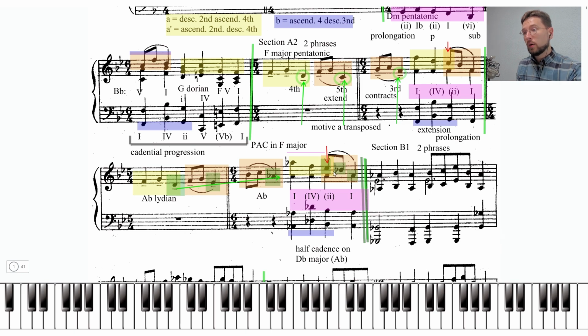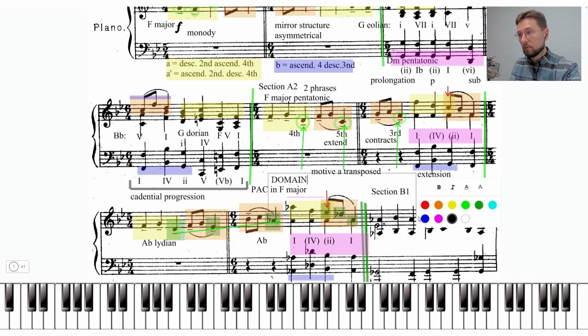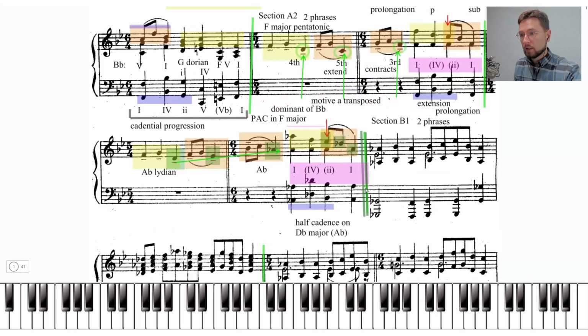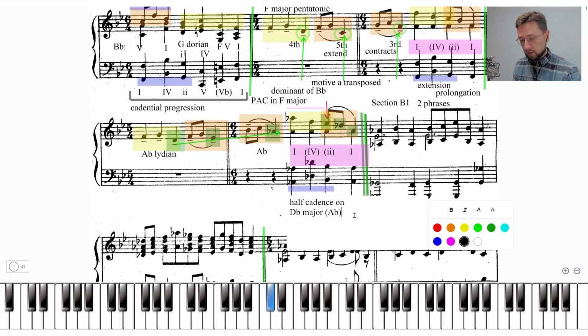Now, how do we explain A flat and F major? Well, F major is the dominant of B flat, and A flat is the dominant of D flat. Now, what is D flat? We're in B flat major. We would need to go to B flat minor and look at its relative.